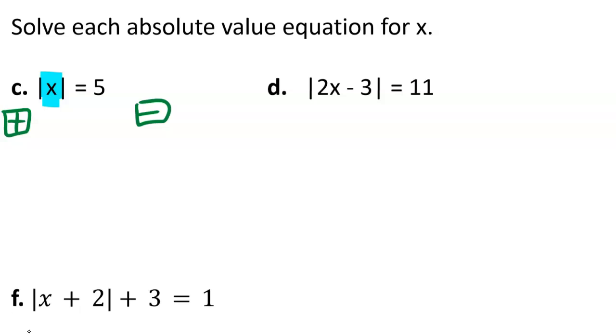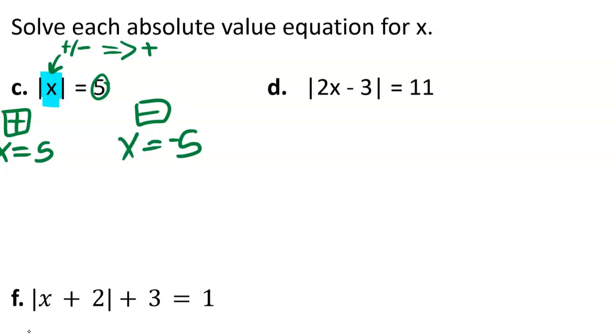And that is because the x value inside the absolute value, whether it's a positive or negative number, will always end up equaling a positive number. So here we have positive 5 on the outside, but we're trying to solve for x, which is on the inside. So it could be positive, it could be negative. So then we would have two equations, x equals 5 and x equals negative 5.